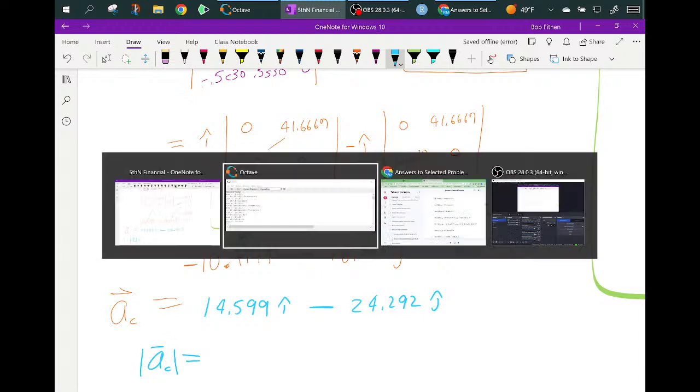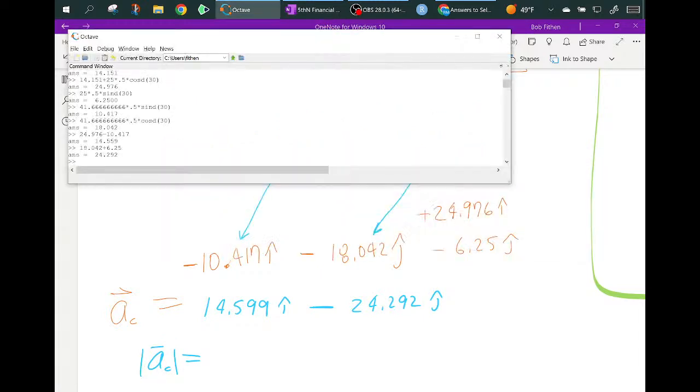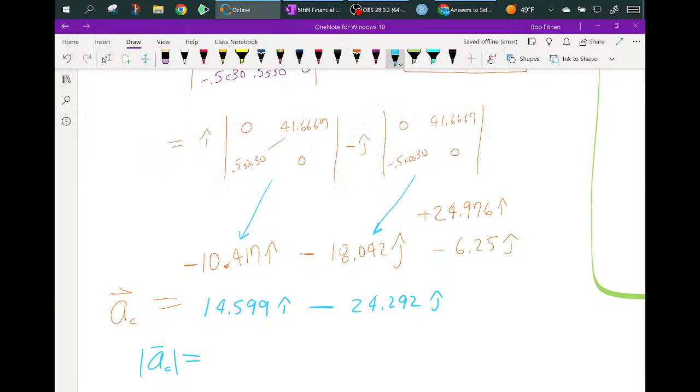So if I look at the square root of the squares, 24.292 squared plus 14.599 squared, 28.341. That's the magnitude.